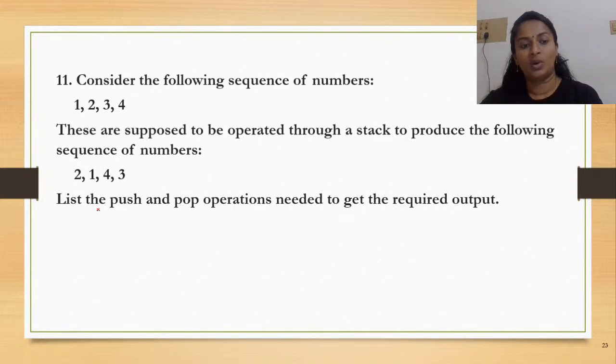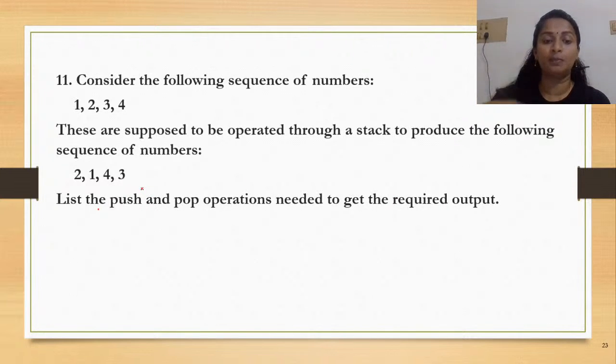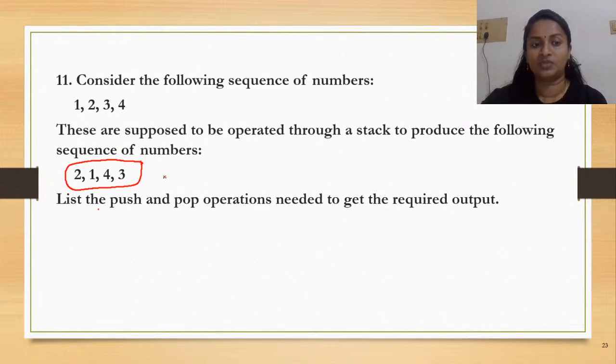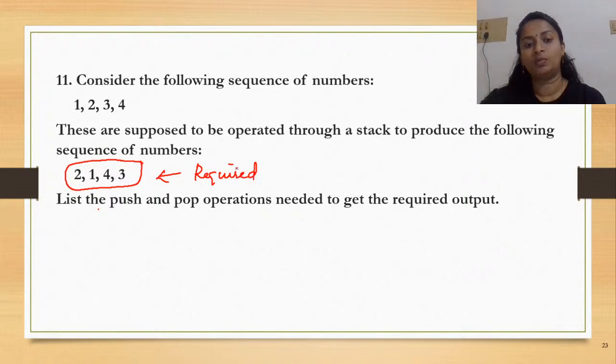So the question that is asked is, you need to list all the push and pop operations needed to get the required output. Is the idea clear? You just need to list out the order of push and pop operations needed to obtain the output. So this is your required output.